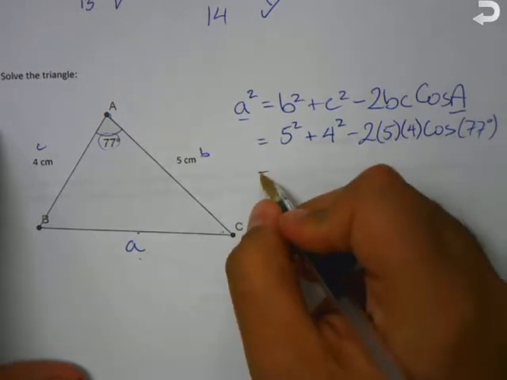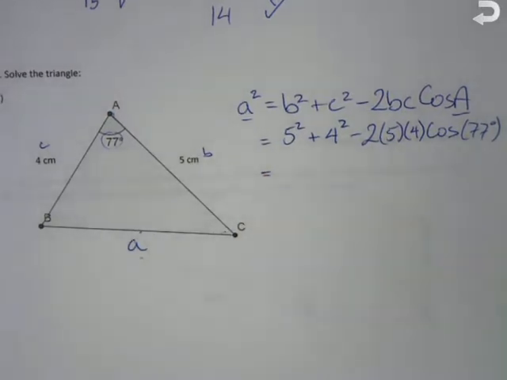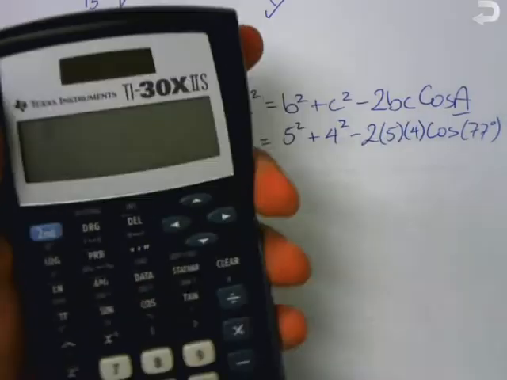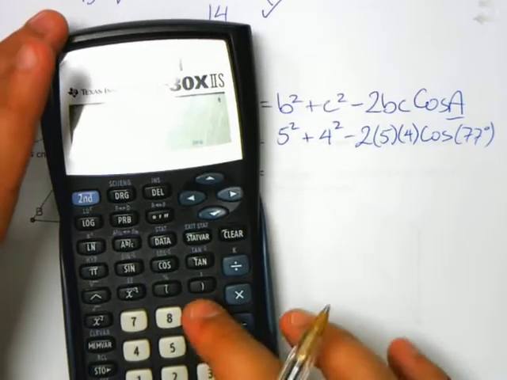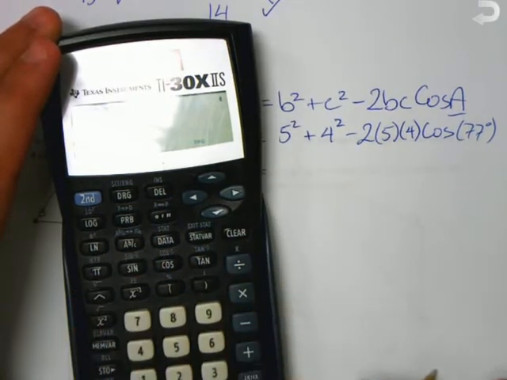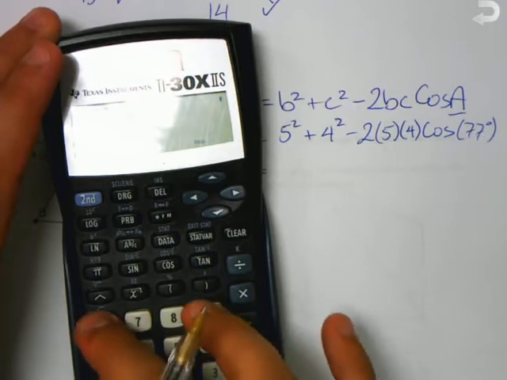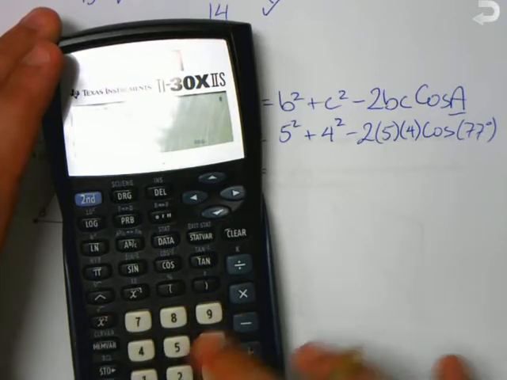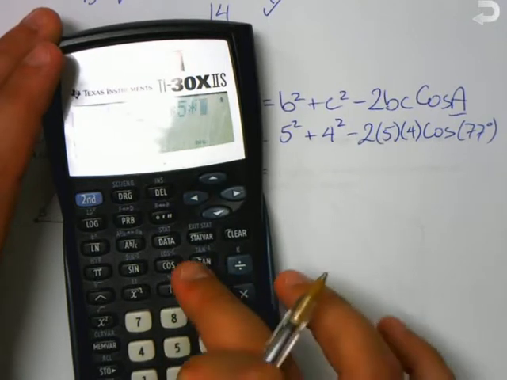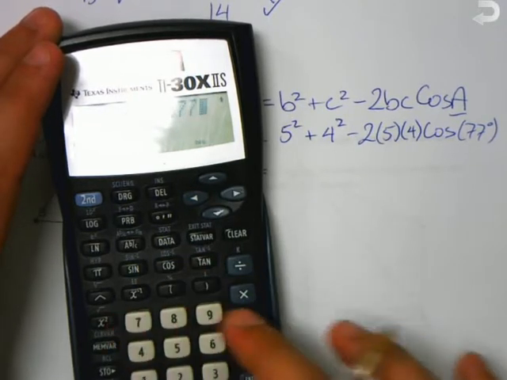Okay, so now all I want to do is on my calculator, I'm going to enter that all at once. So let's see where that gets me. So 5 squared plus 4 squared minus 2 times 5 times 4 times cos 77.